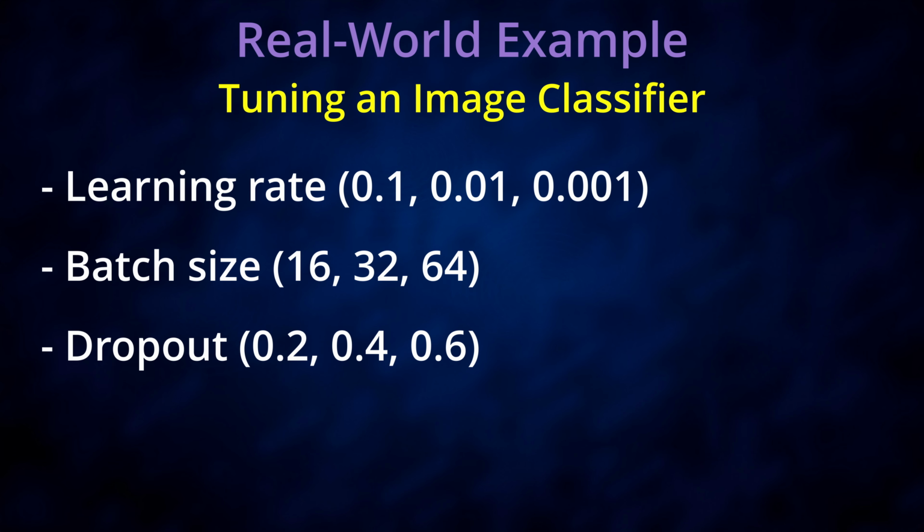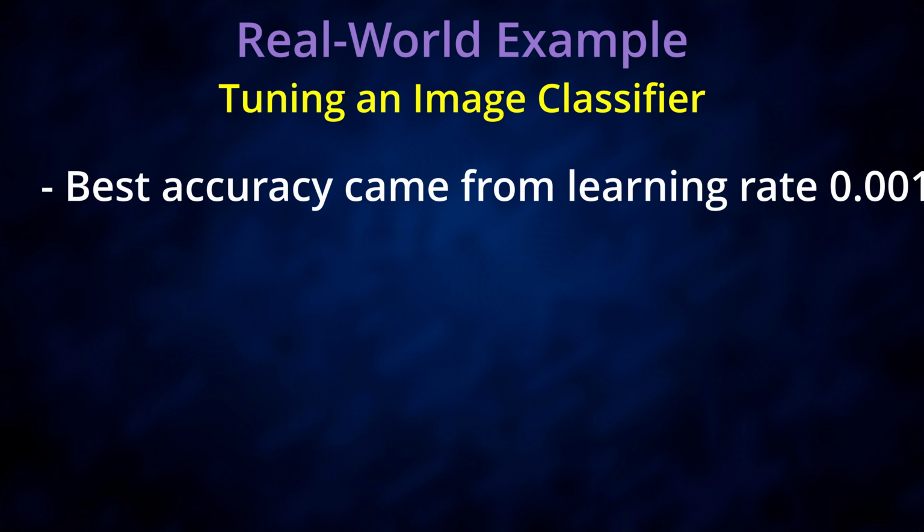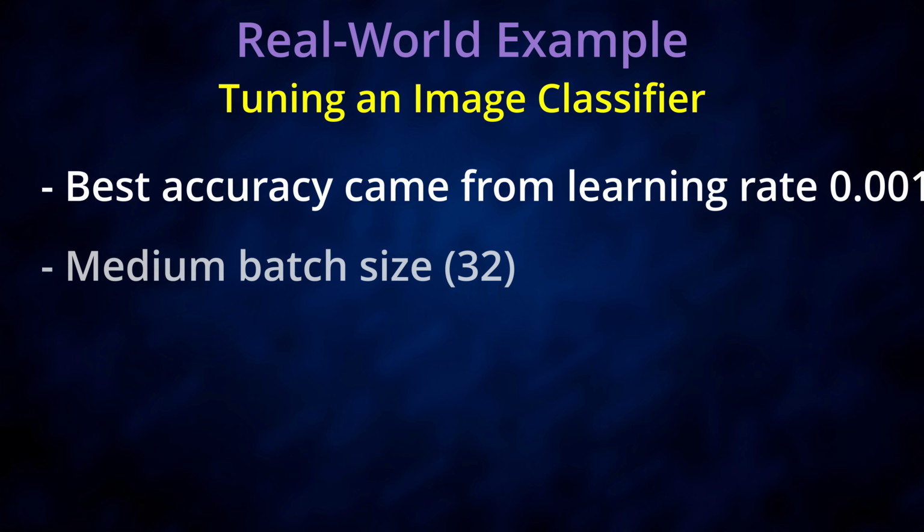Dropout 0.2, 0.4, 0.6. Observation: best accuracy came from learning rate 0.001, medium batch size 32, dropout 0.4. Why? The model learned steadily without exploding and resisted overfitting.